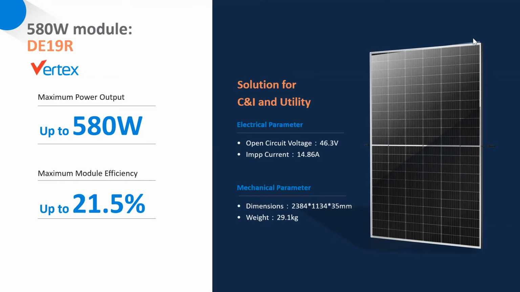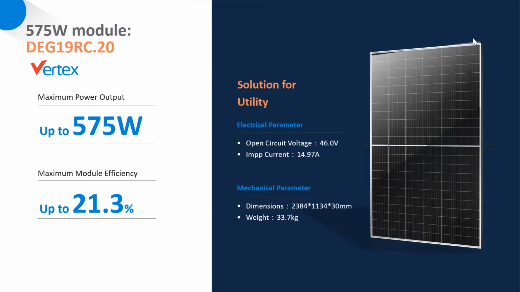For the electrical parameters, the open circuit voltage is 46.3 and the IMPP current is 14.86 amperes. And the mechanical parameter, if you can see, is around 2.3 by 1.1 by 2.5, and our weight is 29.1 kilograms. So if you can see the electrical and mechanical parameters, especially the mechanical parameters, it is a very good fit for CNI projects.